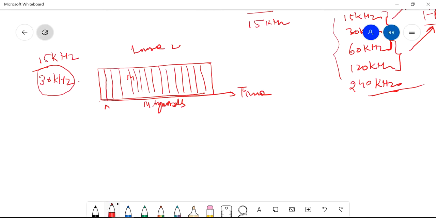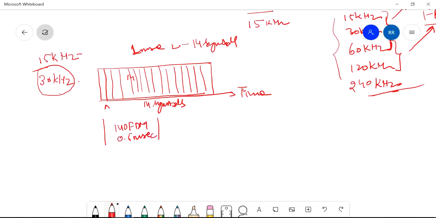It means that in 15 kilohertz we were having 14 symbols in 1 millisecond, but now with 30 kilohertz we will have 14 OFDM symbols in just 0.5 millisecond.